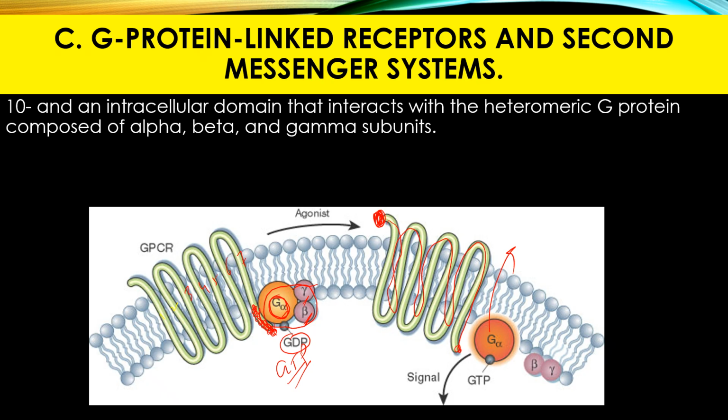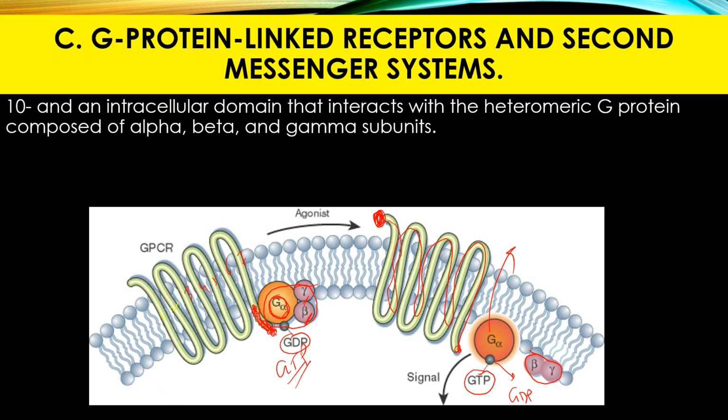G alpha now has some intracellular modificational changes. Now it is attached with GTP, because in the inactive stage it is attached with GDP. So when GTP is attached, the GDP is removed. In the first step, it will detach from the other subunits, beta and gamma.